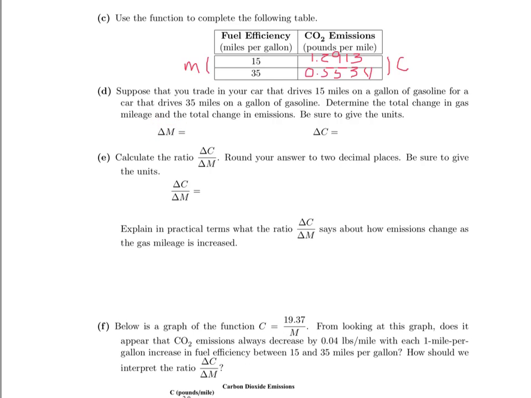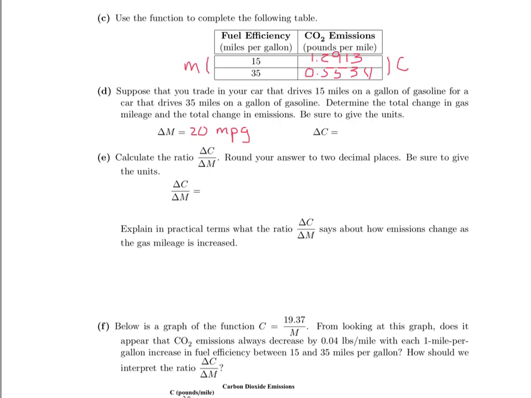Recall that when we calculate the total change in a variable, we take the final value and we subtract the original value. In this case, the final value is 35 and the original value is 15 because we went from 15 to 35. If we subtract, we arrive at 20 miles per gallon, and I'm going to abbreviate that MPG.